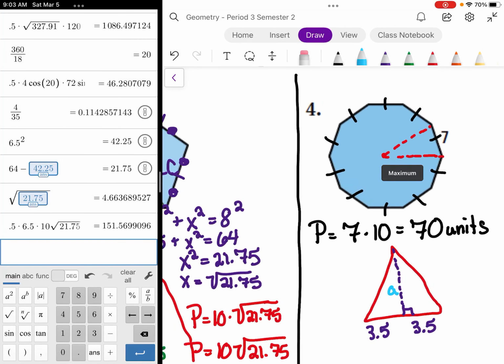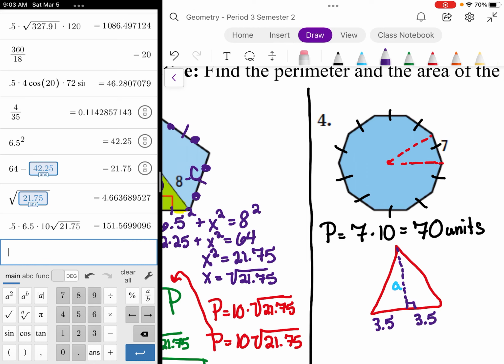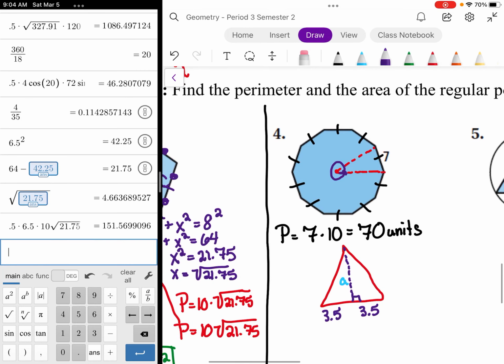So if you remember, all the way around a circle is 360 degrees. We want to figure out what half of a central angle equals. So if we were finding the length of a central angle, we would just divide this by the number of sides. But we want to figure out what half of that is. So each side length, we can form 2 of these angles. So we're going to take the total number of sides and multiply that by 2, which would be 20.